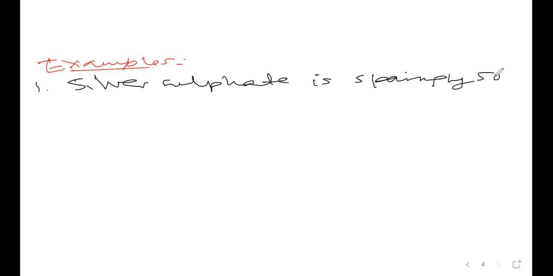Silver sulfate is sparingly soluble in water. I think even if I didn't tell you that statement, you knew that.